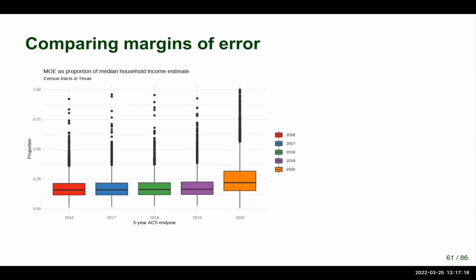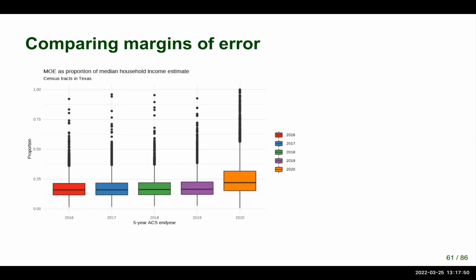So basically, if the margin of error is 25% of the median household income estimate at the census tract level, then that's going to come in at about 0.25. And as you can see, for end years of 2016 through 2019, the margins of error as proportions of the estimate tend to be relatively consistent.